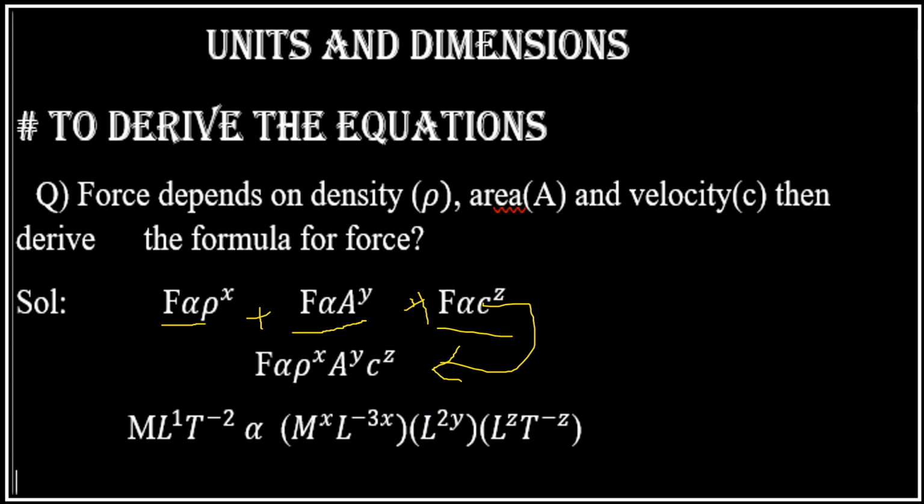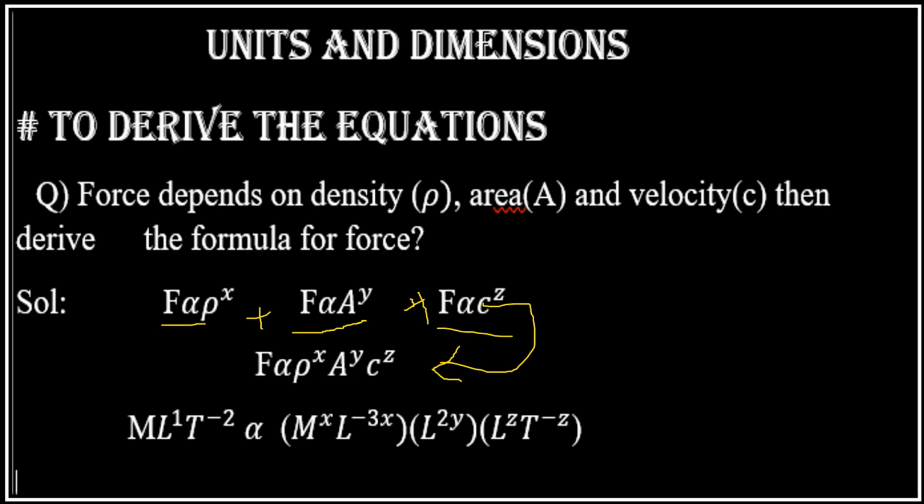We do not know x, so we write the dimensional formula for density, M power 1 L power minus 3, to the power x. So it becomes M power x L power minus 3x. Same for area, L to the power of y. For c, means velocity, L power 1 T power minus 1. If we raise it to z, it becomes L power z T power minus z.